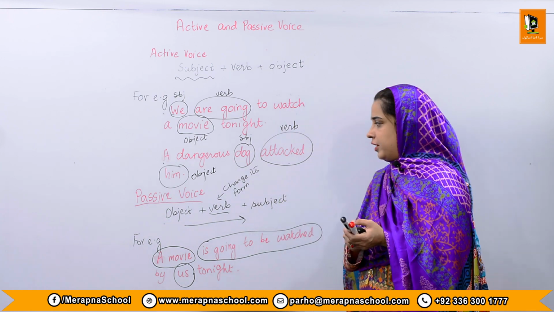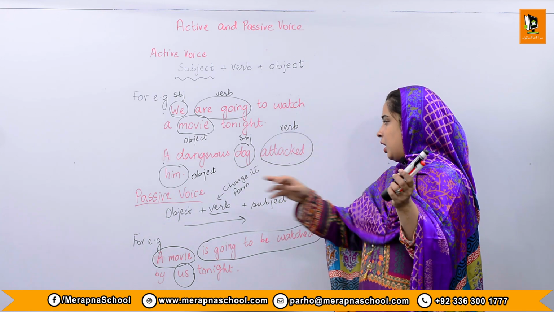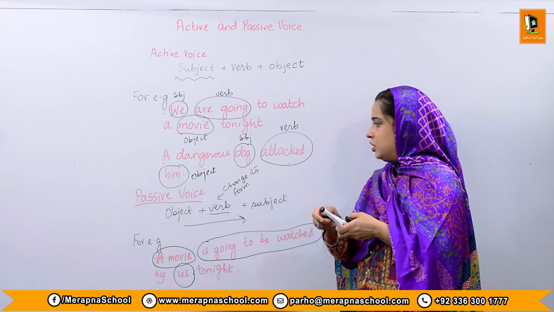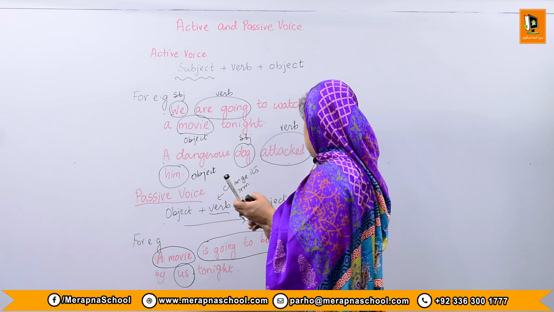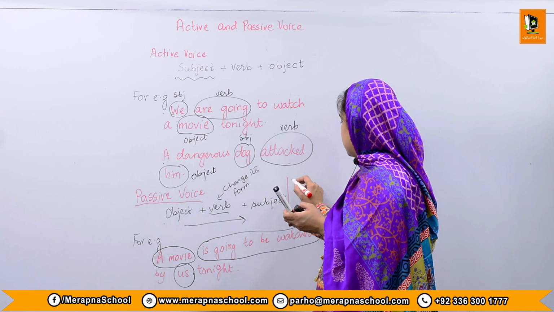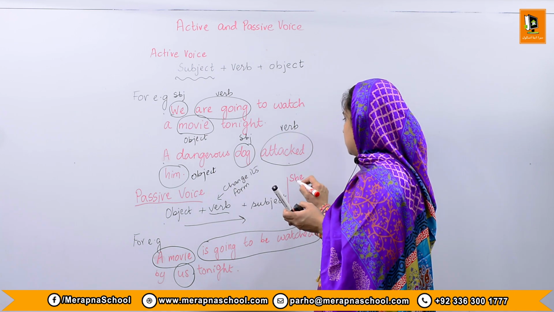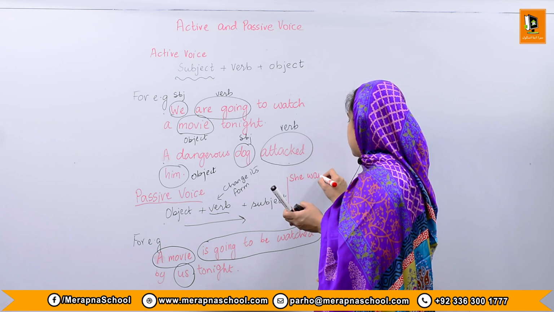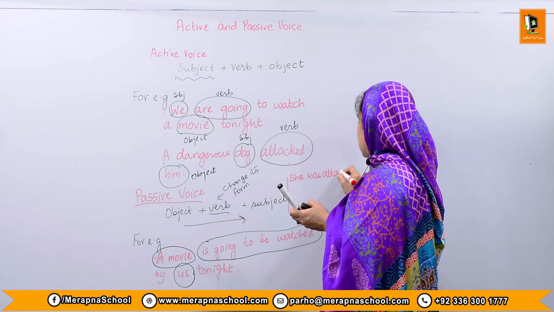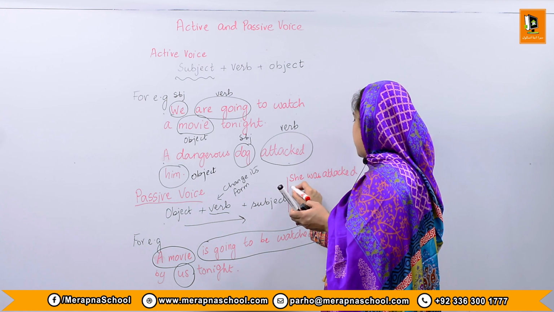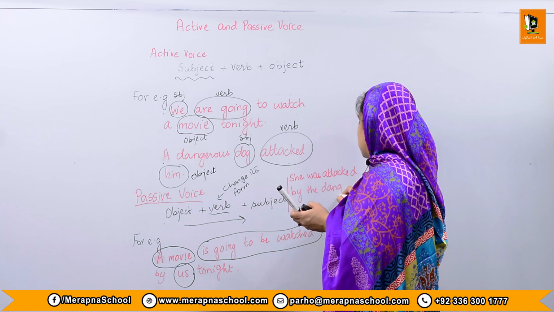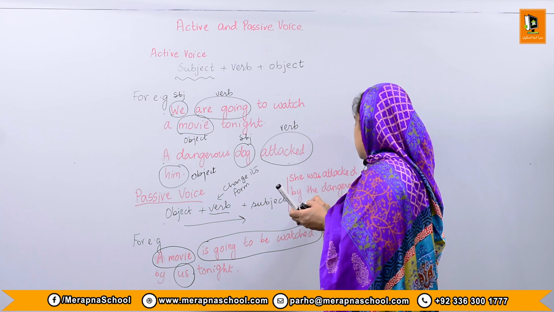Let's take another example. A dangerous dog attacked him. So let's change it into the passive voice. Let me write it here. She, because this is in the past tense, so she was attacked by the dangerous dog.